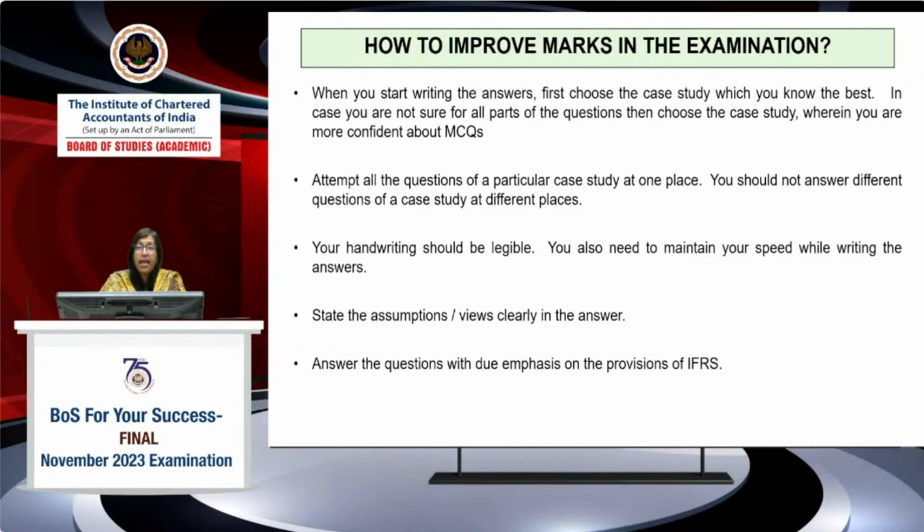In such a scenario, if you are very sure about your descriptive question, then choose that particular case study because it is carrying 15 marks. But if you are not sure about the descriptive question, then give the weightage to your MCQs where you are more sure or confident. The reason is that in a question where you are confused with one or 2 adjustments, you have options in the MCQs.